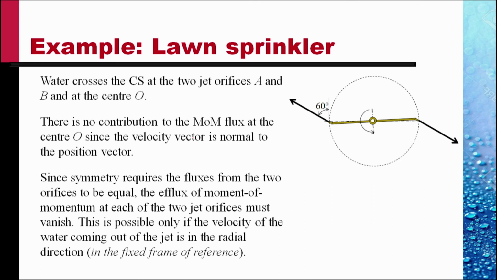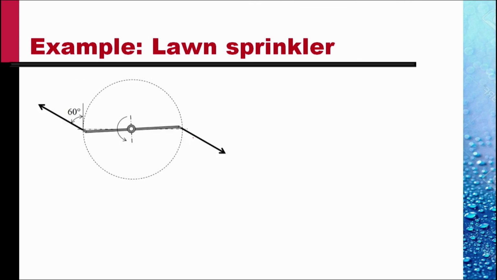So, in the frame of reference that we have, the water should be coming out radially. How do we do this? This is V jet relative with respect to the sprinkler arms at 60 degrees to the vertical.